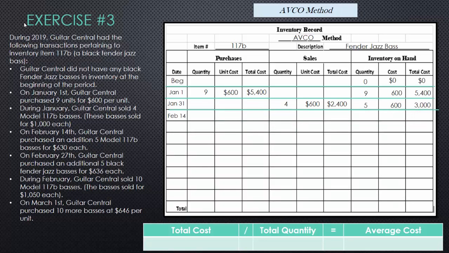On February 14th, we're going to purchase an additional 5 of these at a price of $630 a piece. So let's fill that information into our purchases section for a total cost of $3,150. And let's figure out our new inventory on hand. We had 5, we bought 5. Now we have 10 Fender Jazz basses in total. Our cost of the basses that we had in inventory before this purchase was $3,000.